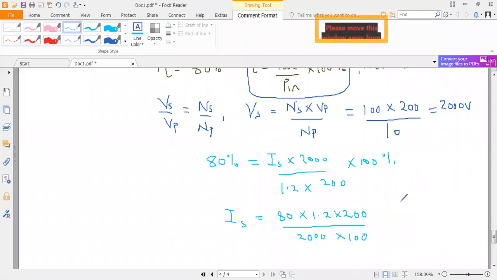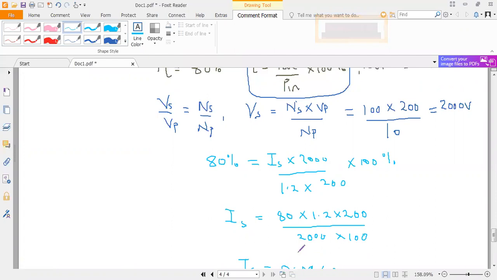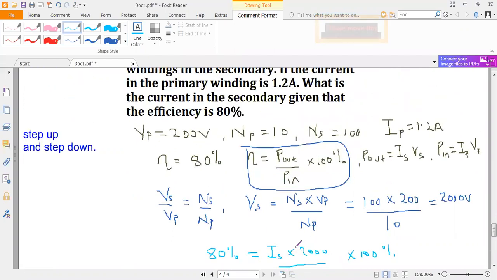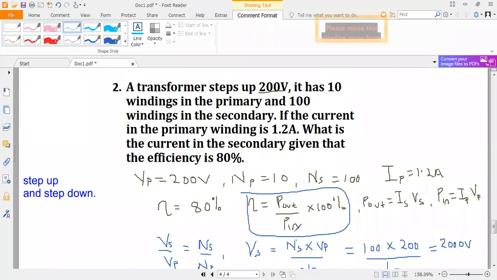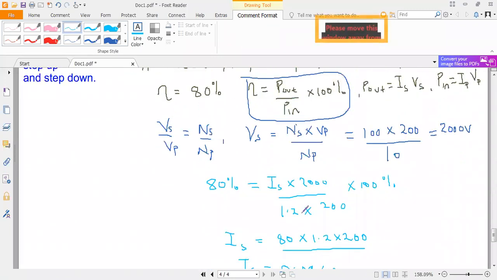Make sure you press the values in the right positions. If you feed this into your calculator, or just calculate by reducing, you'll end up with your answer as 0.096 amperes. So this is the current passing in the secondary coil. The question was asking for the current passing in the secondary coil, and the answer is 0.096 amperes.